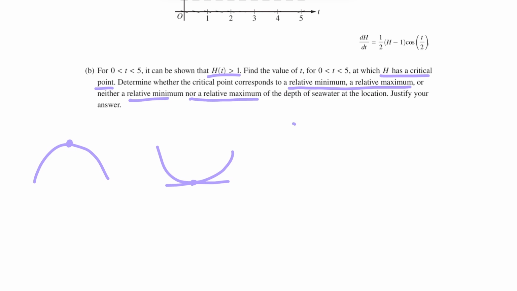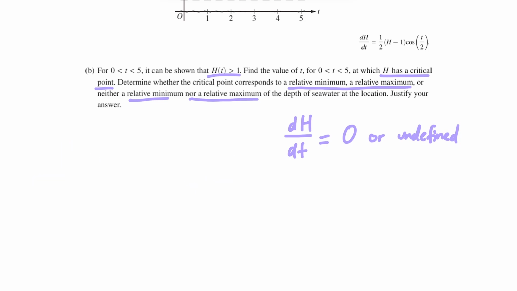So our critical points are going to happen when dh over dt, the derivative of h of t, is equal to 0 or undefined. So we want to find the point between t equals 0 and t equals 5 at which this happens. So let's set our dh over dt equal to 0 or undefined and see what we can figure out here.